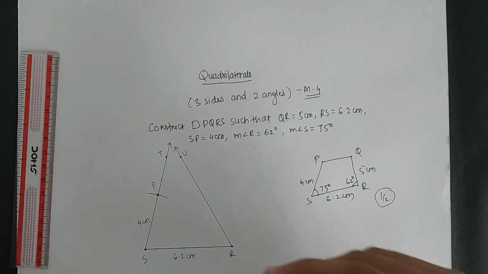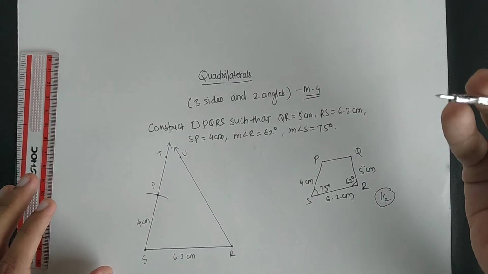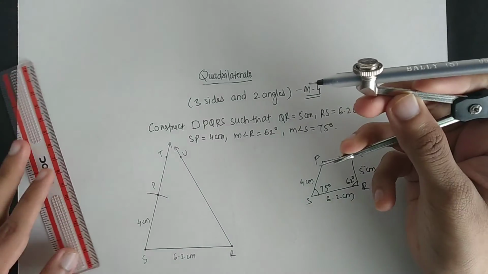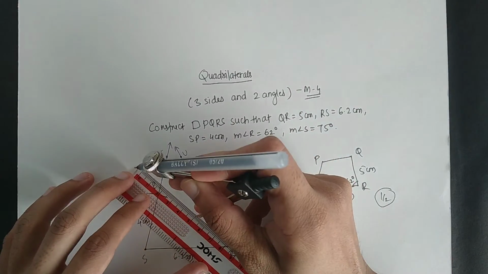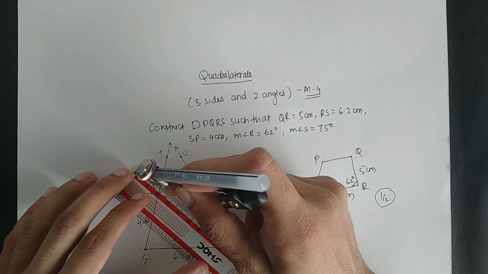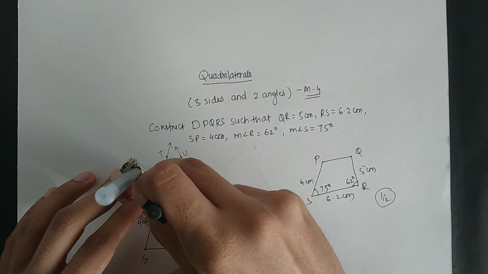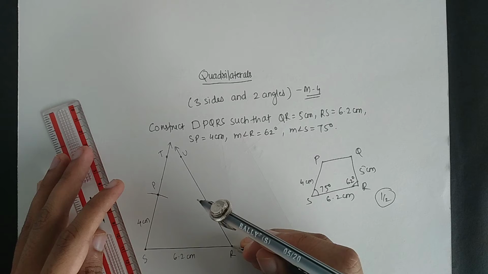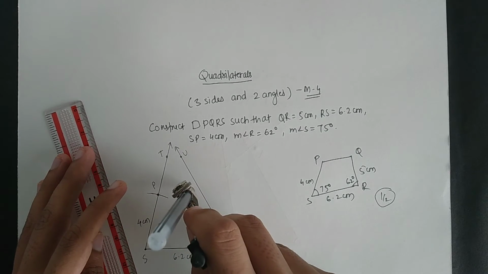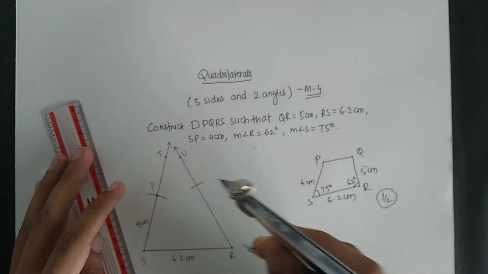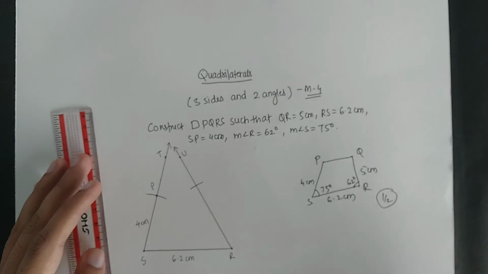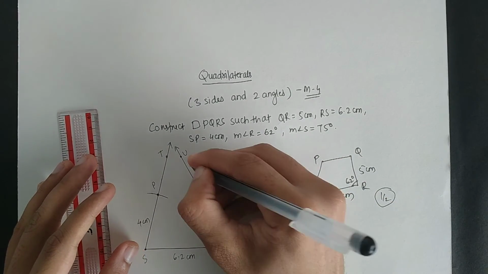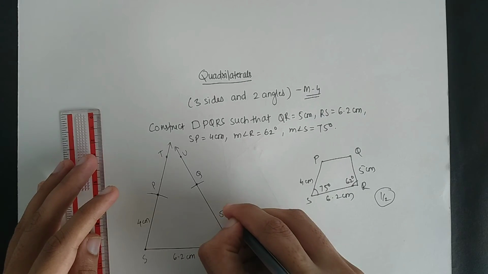Then I will take the distance of 5 centimeter in the compass, and again I will draw an arc on the ray RU. So this has given me point Q, and QR is 5 centimeter.